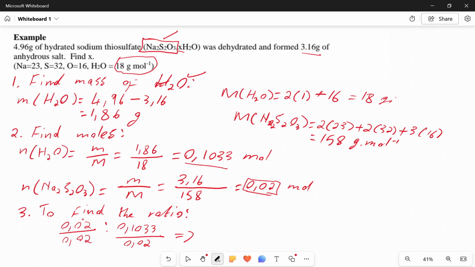I obviously know that this one divided by this one is going to give me 1, so it's 1:2, and then this one here is going to give me my x.